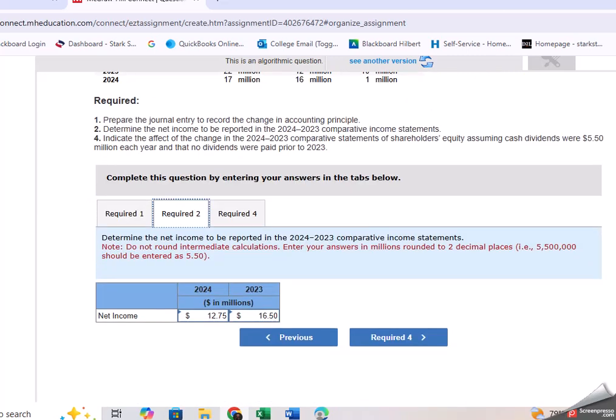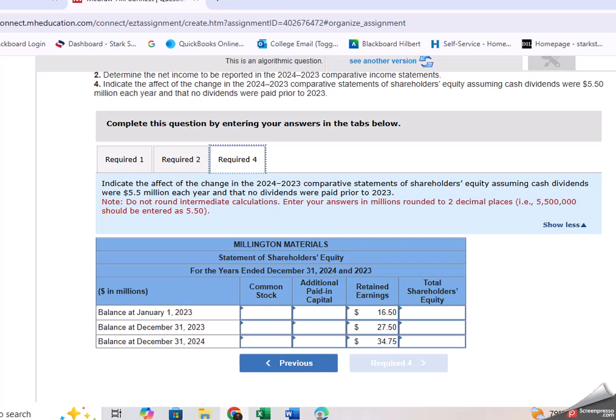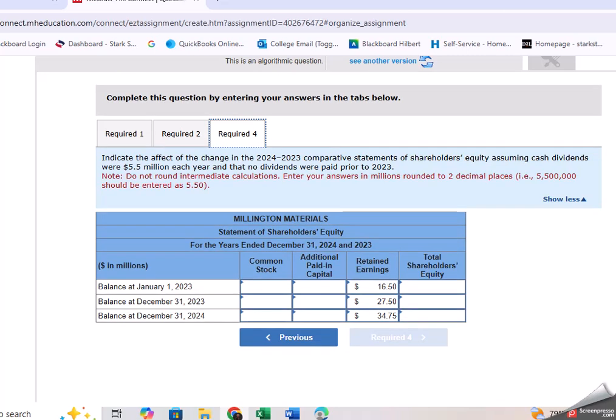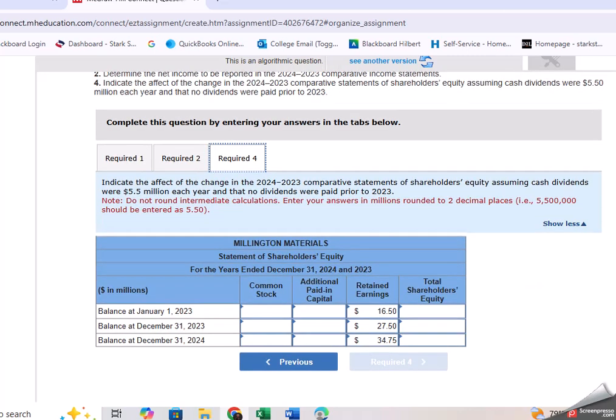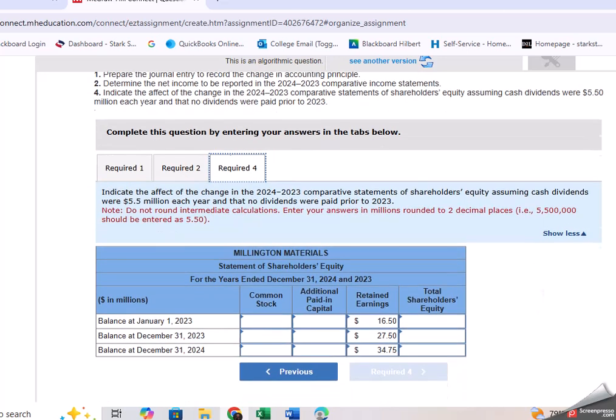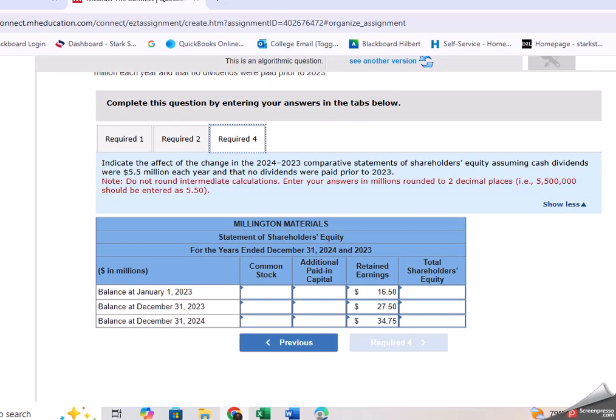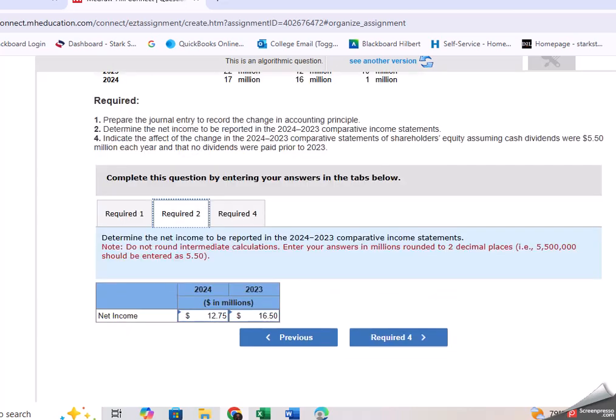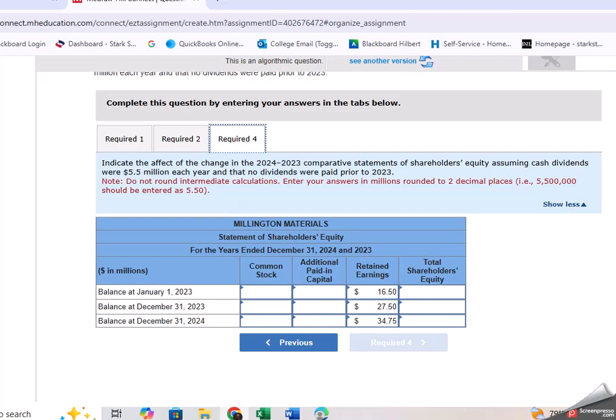Okay, so that 16.50 is the balance coming in at January 1st of 2023, and then we're going to add to it. No dividends are paid prior to 2023, but then 5.5 million. So we pay out 5.5, and then we add our net income that we had recorded in 2023, which is 16.5. So then that gives us that 27.5.